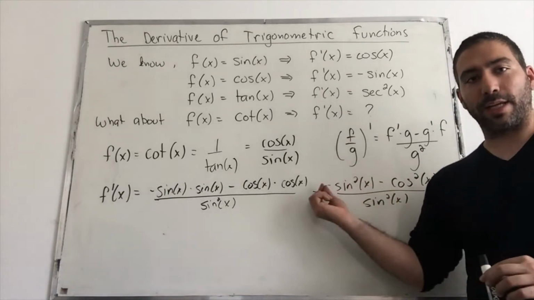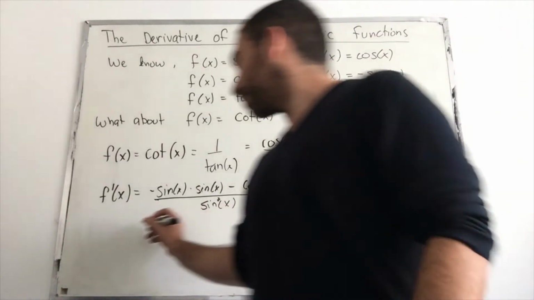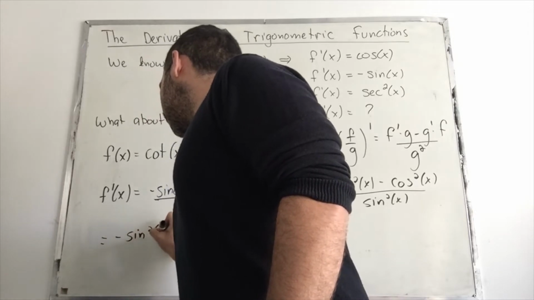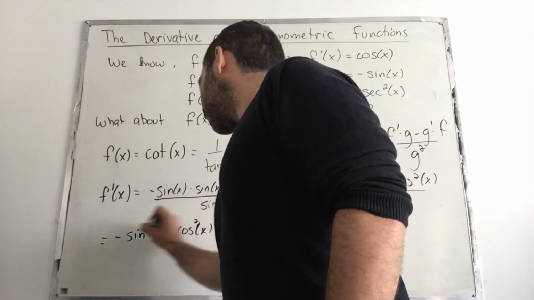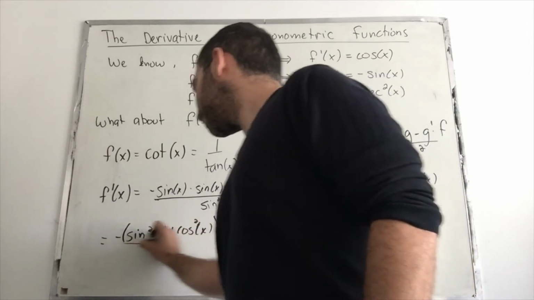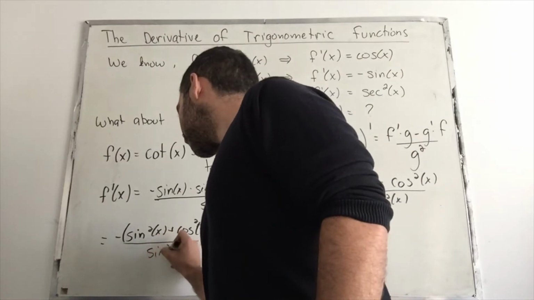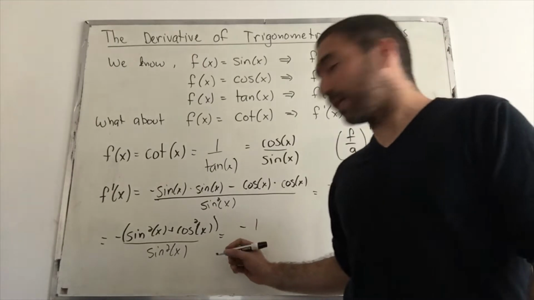But if we factor out a negative, then we get sine squared plus cos squared. And that we know is equal to 1. So this is equal to negative sine squared plus cos squared in brackets over sine squared, which gives us negative 1 over sine squared.